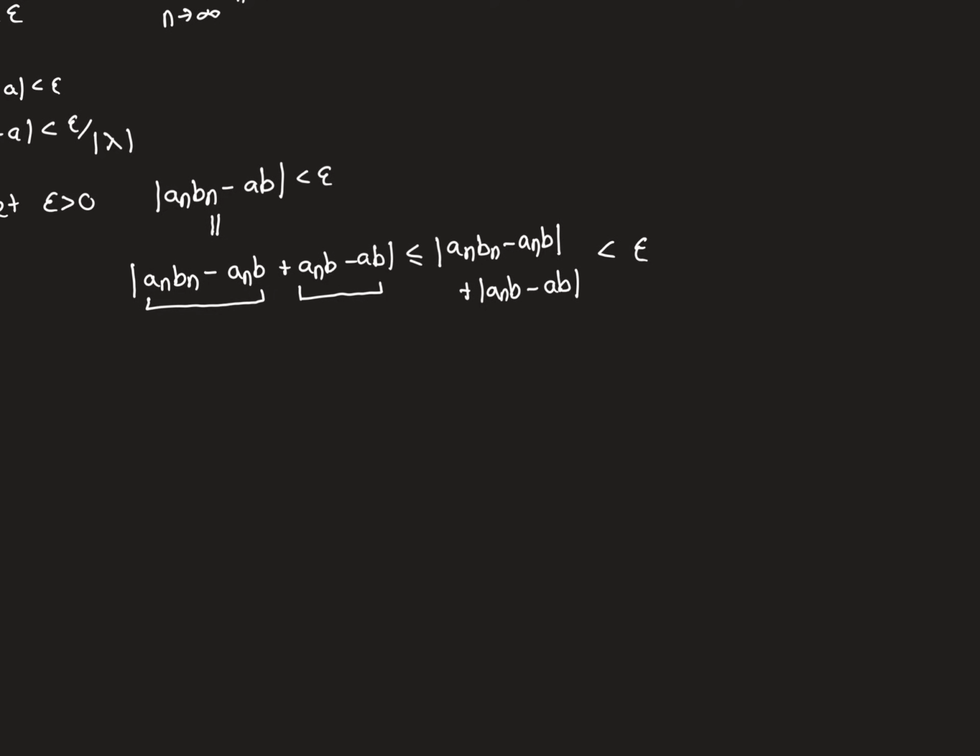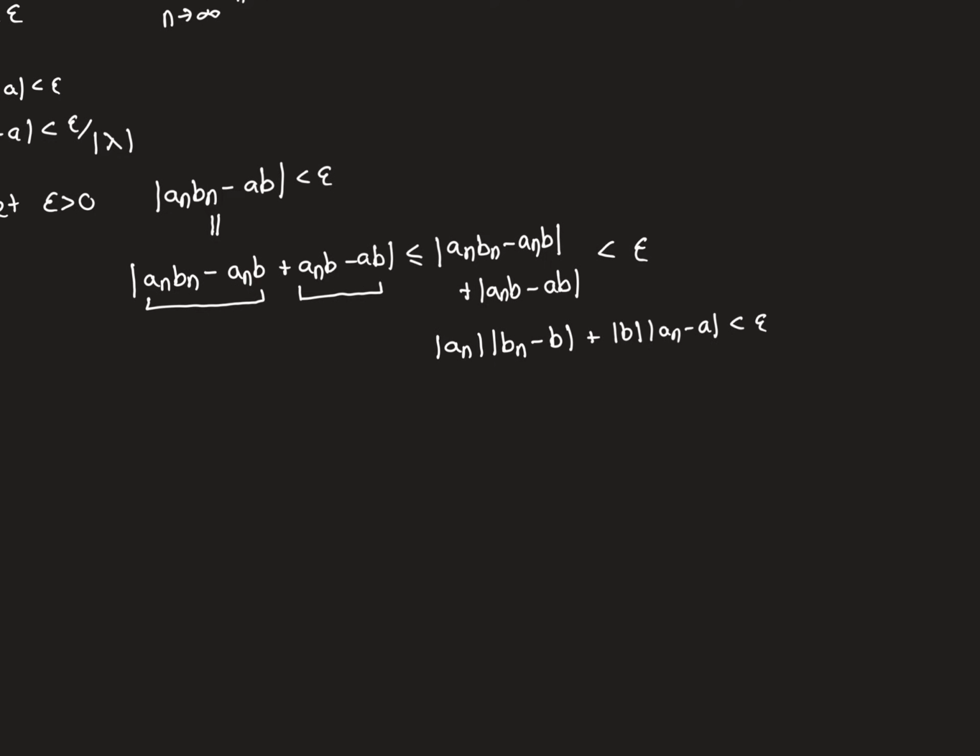Now, let's factor some things out of those absolute value signs. We're going to factor out the an here to rewrite this as mod an times mod bn minus b. And we're going to factor out the b from the second one to make it mod of b times mod an minus a.